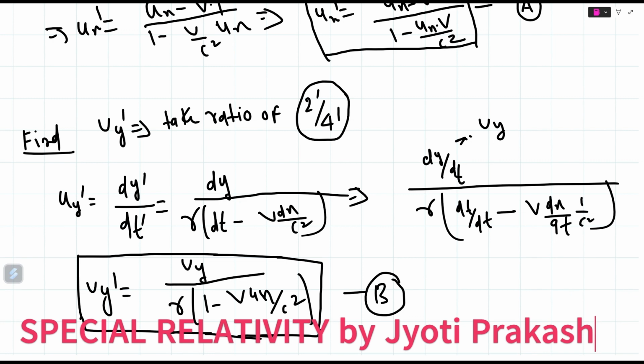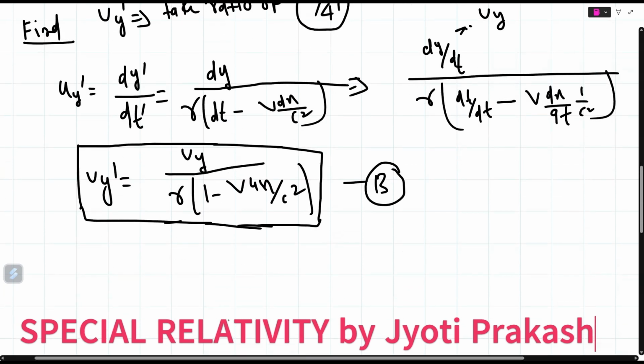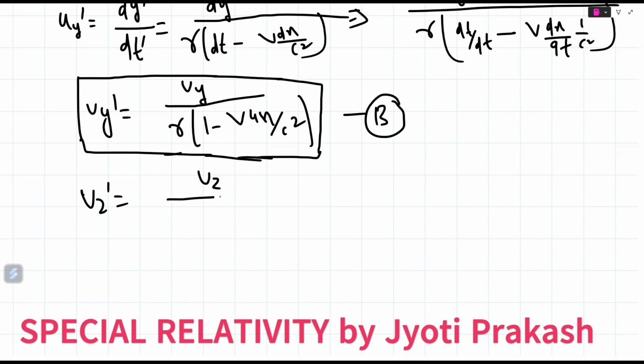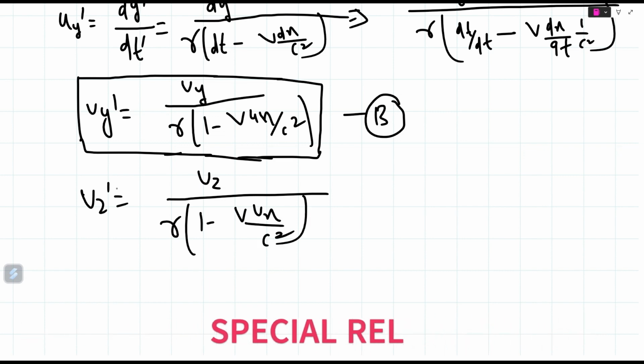On a similar footing, you can also write uz prime equal to uz divided by gamma (1 minus v ux by c square).